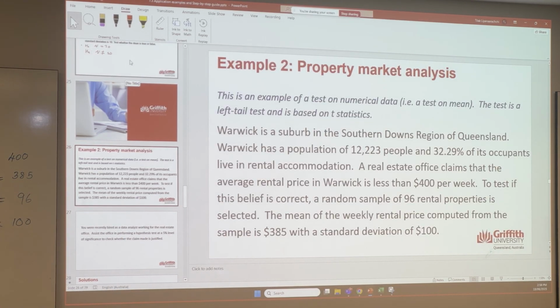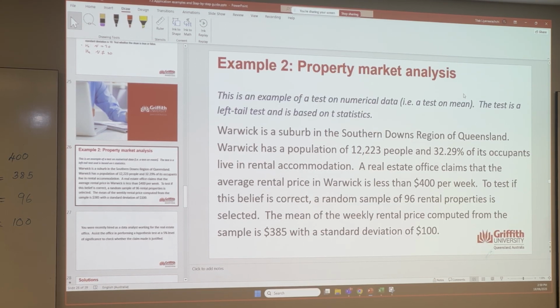So you don't know the population standard deviation. You should be able to sort out any problem because you are a statistician. It's like a lawyer or a doctor. You can't say, I don't know about the heart, so please go to another one.